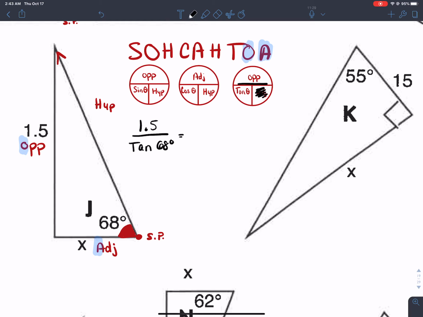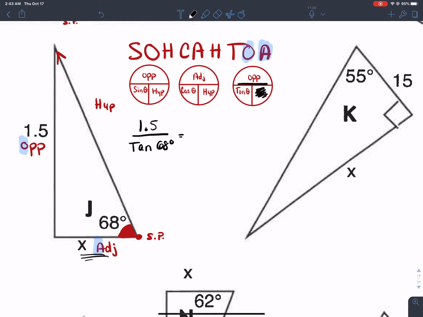Just looking at the size of the sides of our vector diagram, we're going to have to end up with something less than 1.5. If you end up with something larger than that, just look at the picture. You have two different sides of this vector diagram that are distinctly different sizes.